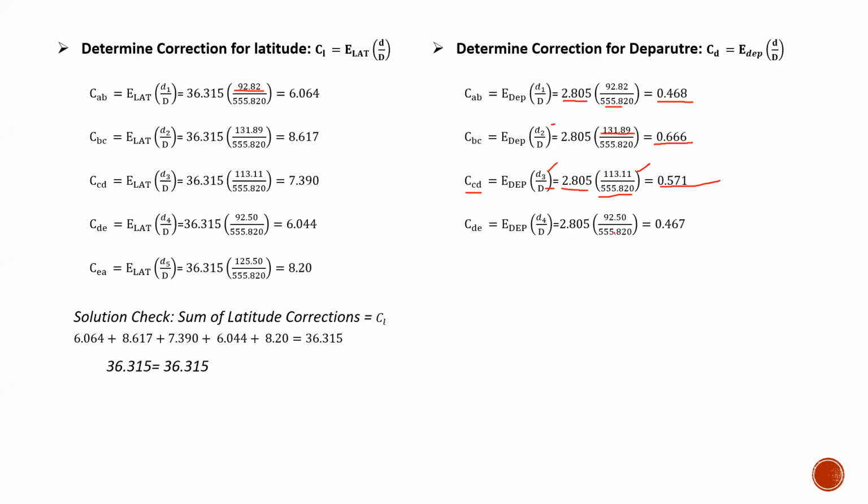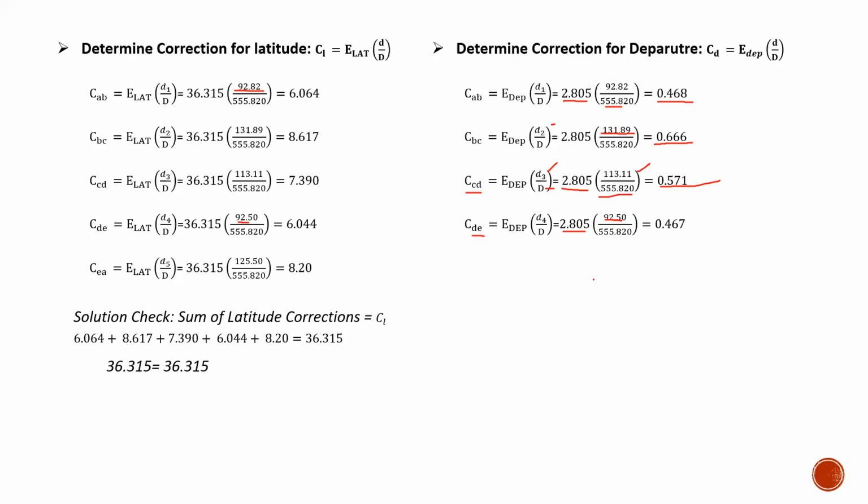For the correction in the line DE naman, we have error in departure times D4 all over D. So D4 is the corresponding line of the course DE, which is 92.50. So 2.805 times 92.50 all over 555.820. That is equal to 0.467.